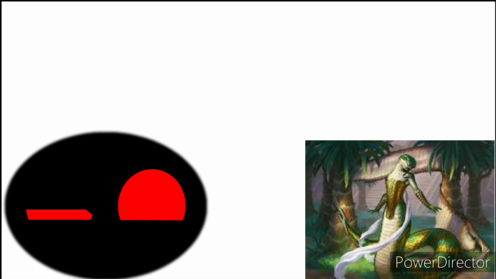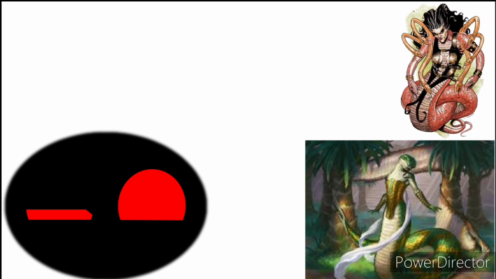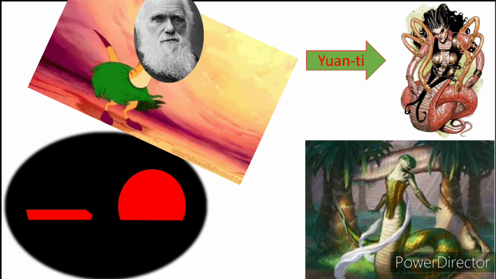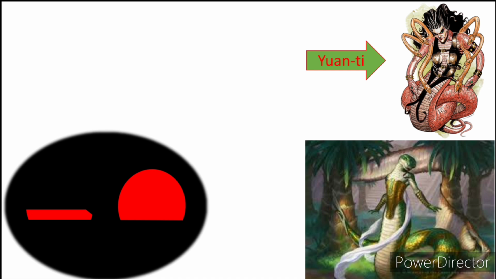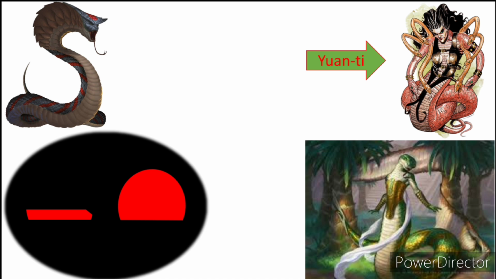This contrasts to the Yuan-ti, who are humans who decided to make themselves part snake and do the Charles Darwin with snakes. And much like the Dungeons and Dragons Nagas, the Nagas of Magic the Gathering are very much reptilian, with very few human-esque characteristics.